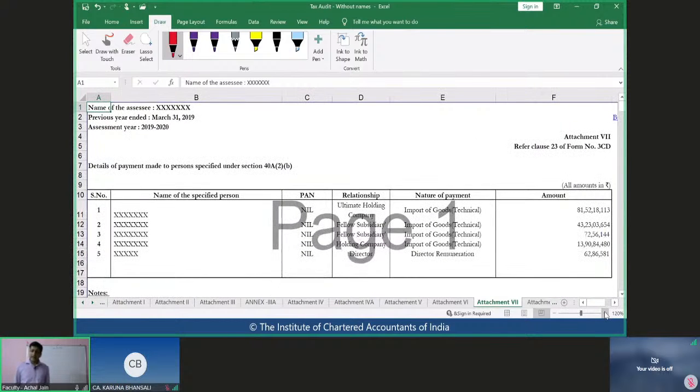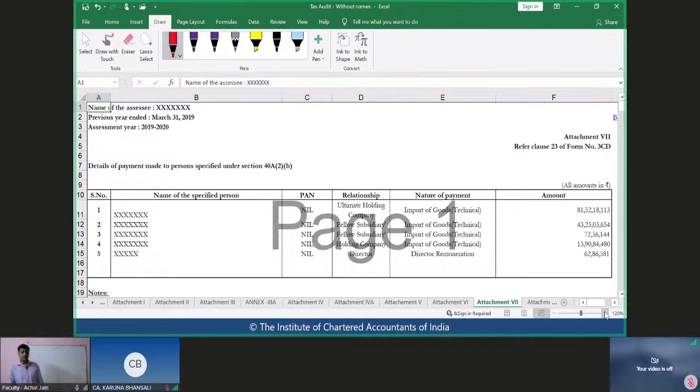In case they will get covered, then this type of disclosure will be required: name of the specified person, PAN number, relationship, meaning whether it's a holding company, a subsidiary company, an ultimate holding company, or a director of the company, whatever it is.